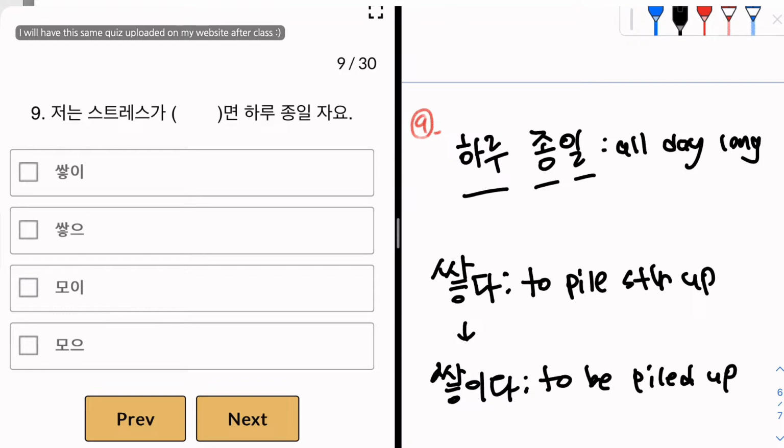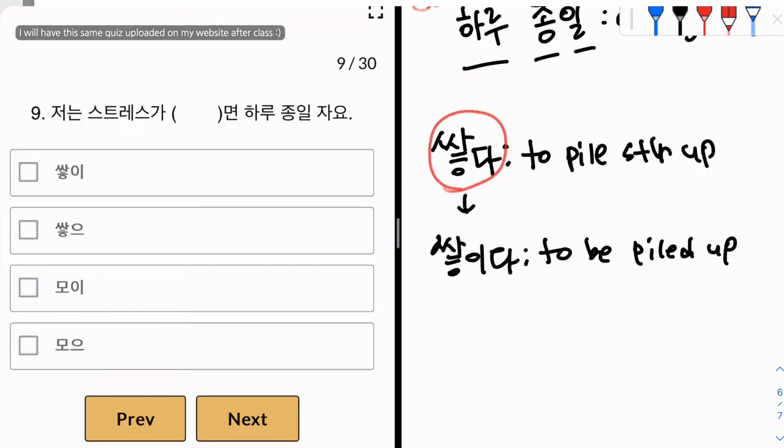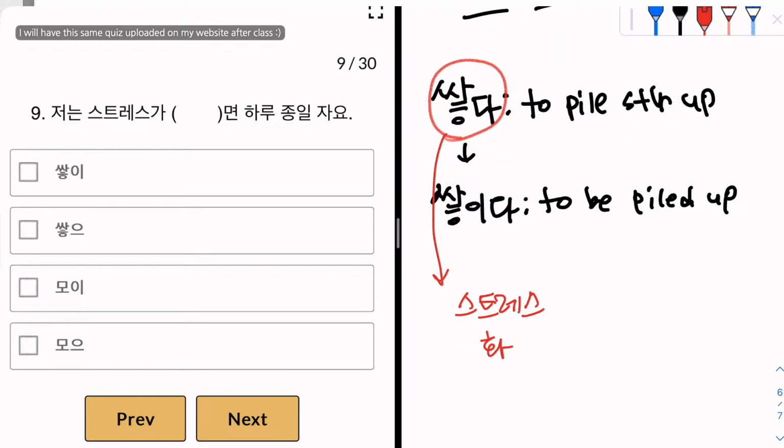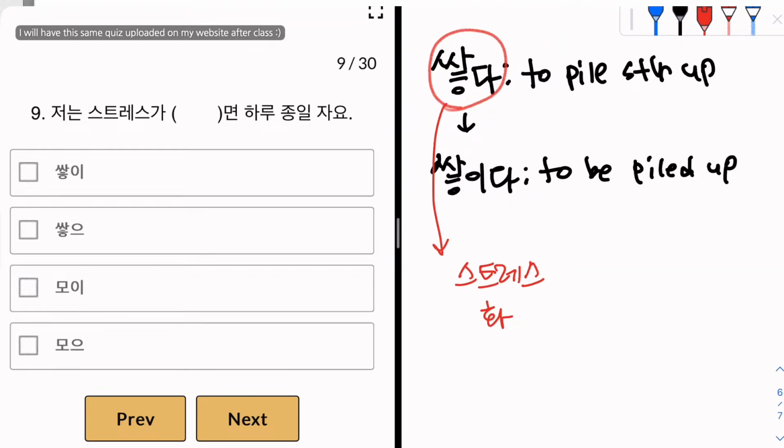And we learned that this verb usually goes with something like 스트레스, stress gets piled up, or 화, anger gets piled up, or it can also be used for your experience. You pile up your experience. You gain a lot of experience. In Korean, we say we pile up a lot of experience, or you can also use it for your work experience. 경력, 경험, 화, 스트레스.